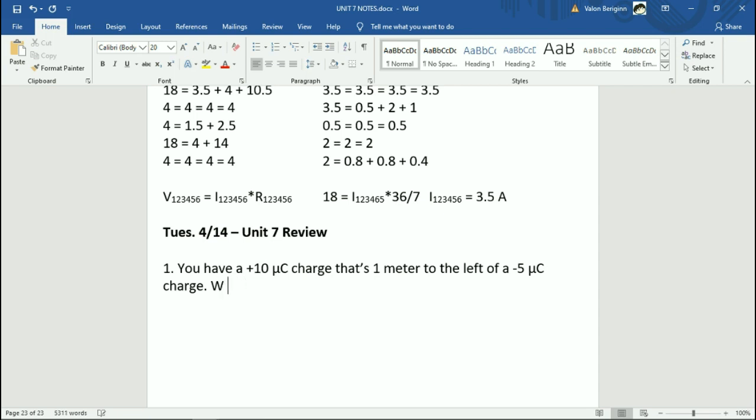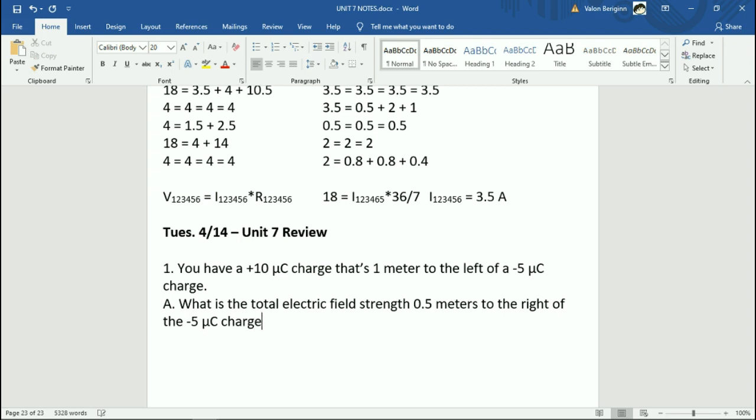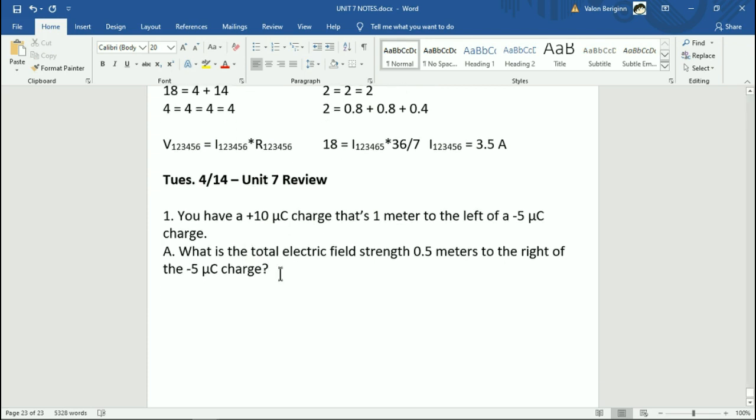Let's do the first question, A: what is the total electric field strength 1.5 meters to the right of the minus 5 microcoulomb charge? Okay, so that's what we're going to start with first.